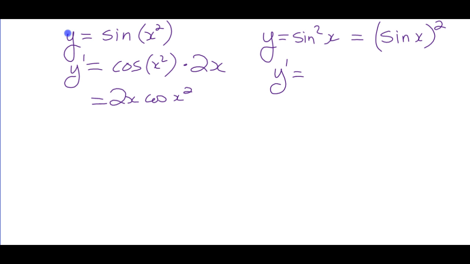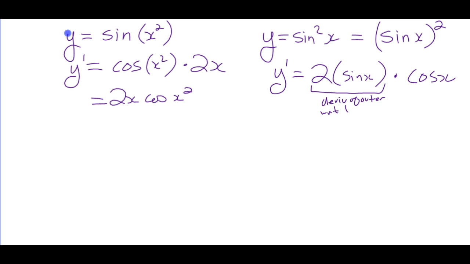So our outer function is you are squaring something. So our derivative will be 2 times the inner function to the power of 1, right? Times the derivative of the inner function, which is cos x. Okay? So this is the derivative of the outer with respect to inner.